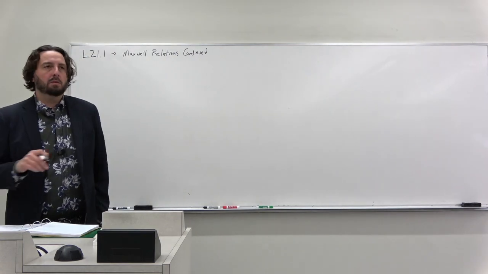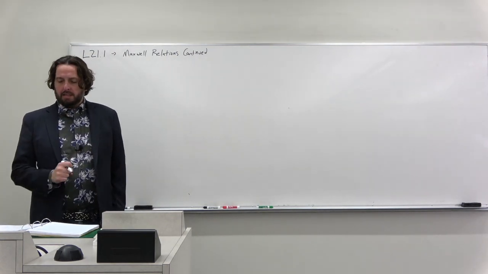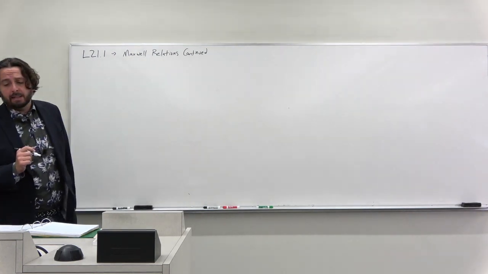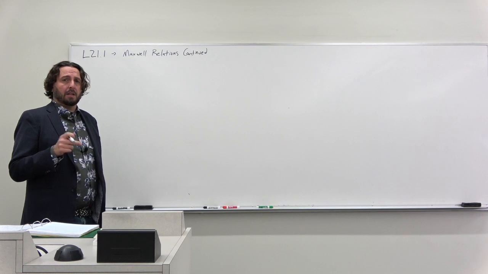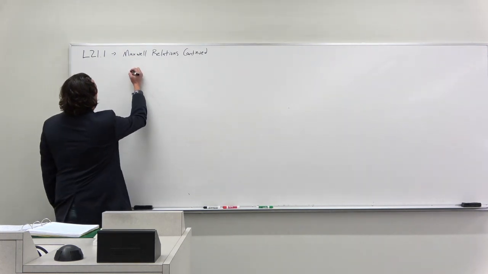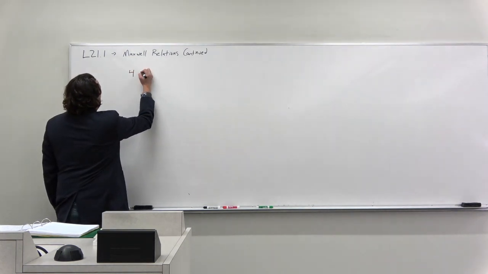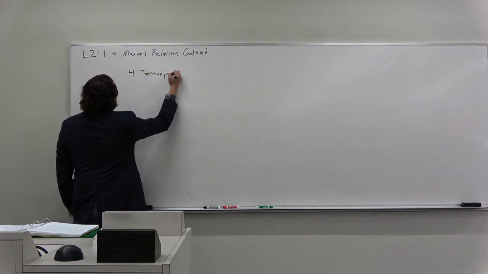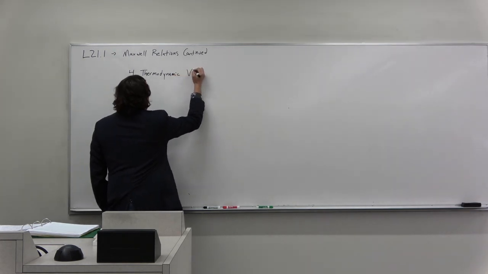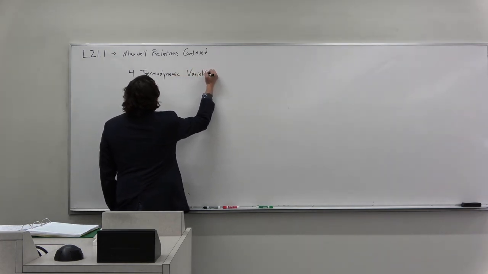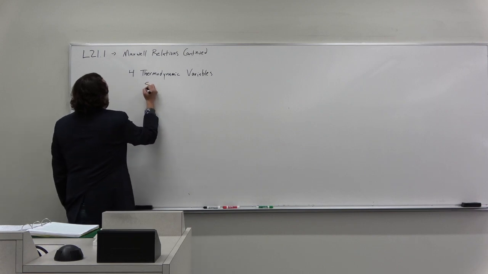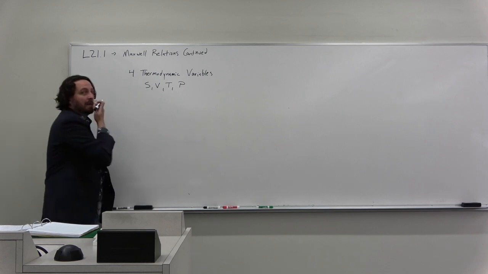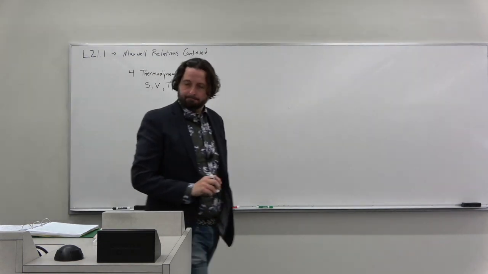I want to basically just dive right back into these Maxwell relations. Remember that these all involved combinations of our four thermodynamic variables, which, remember, are S, V, T, and P. Okay?